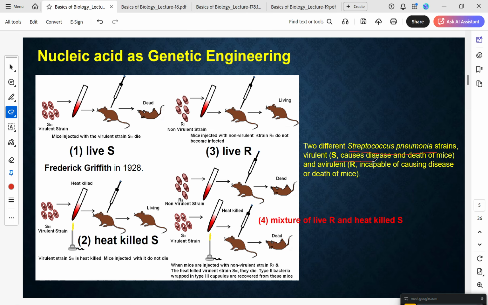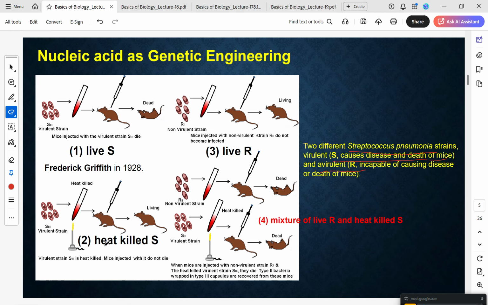One is an S strain, which causes the disease, which is virulent in nature, and there is an avirulent strain or R strain, which is incapable of causing the disease and therefore death of the mice. So he injected the virulent strain and non-virulent strain into mice. Injection of virulent strain leads to the death of the mice, whereas injection of the non-virulent strain does not affect the mice.